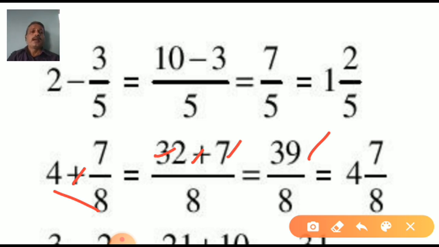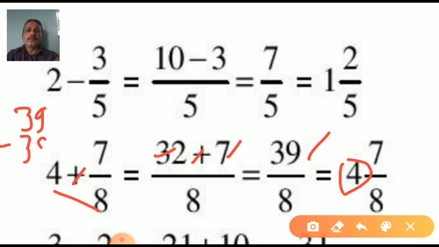Sorry, student. Look here. 39 is divided by 8. The 8 table you have to count up to 39. 8 4s are 32. So 4 is written here, and what is left from 39 to 32? 39 minus 32. Yes, student, you can do all these things in your rough work, or you can do it in the air in your mind.